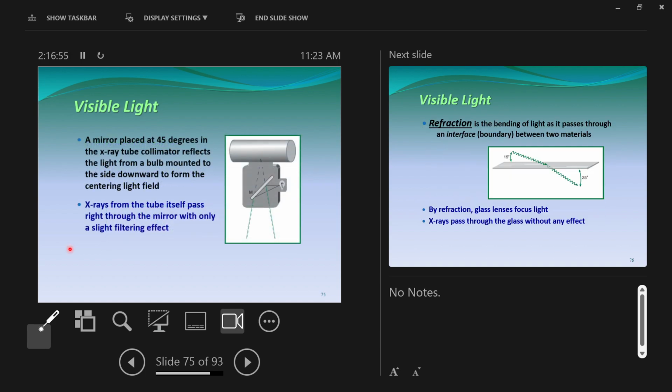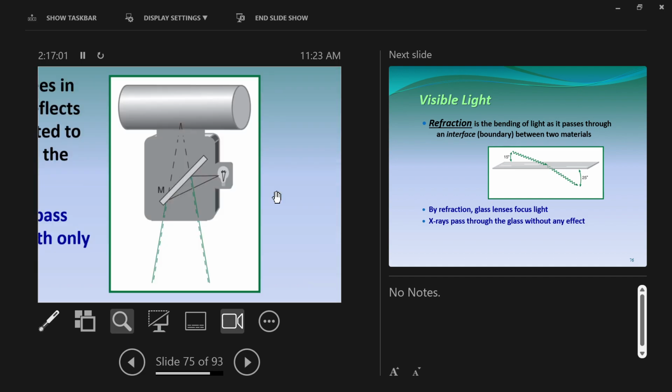We use this in the X-ray tube all the time. You turn on the X-ray collimator light and there is a light projected down to the table. Well, if that light bulb were just placed right here to shine down towards the table, it would get in the way of the X-ray beam, okay? So what we do is we place the light bulb off to the side and we put a mirror angled at 45 degrees.